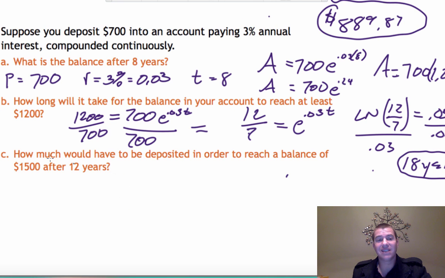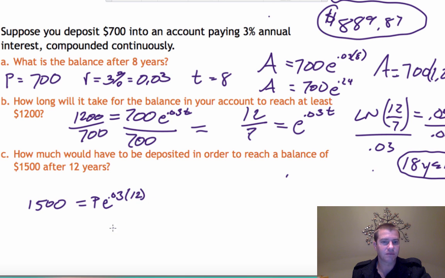So in this one, it's saying how much would have to be deposited in order to reach a balance of $1,500 after 12 years. So I want $1,500 after 12 years. I don't know the principal in this case. The interest rate is still going to be the same, and my number of years is going to be 12.